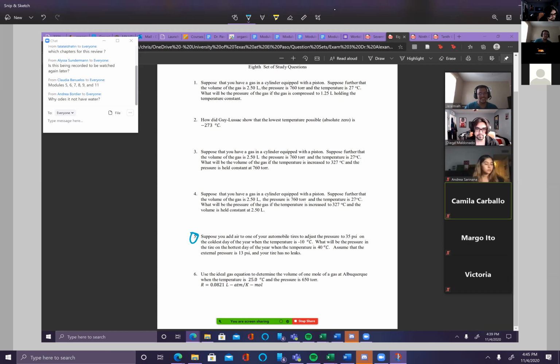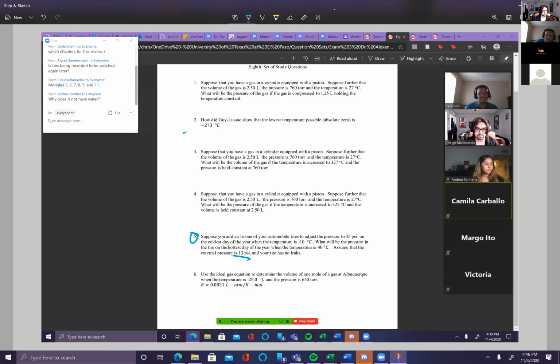Okay, so I guess with that logic, that still doesn't make sense. So basically, once you figure out what your initial pressure and temperature are, you'll add the external pressure to the initial pressure, because that's what you're given. And when you add those together, that will help you in finding your final pressure.